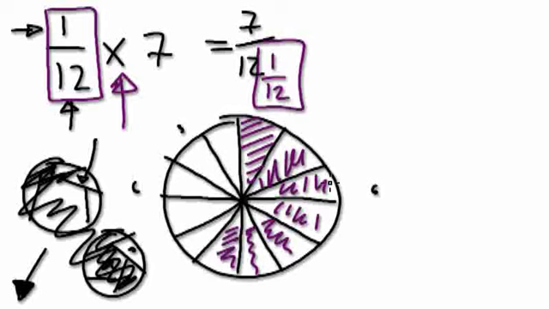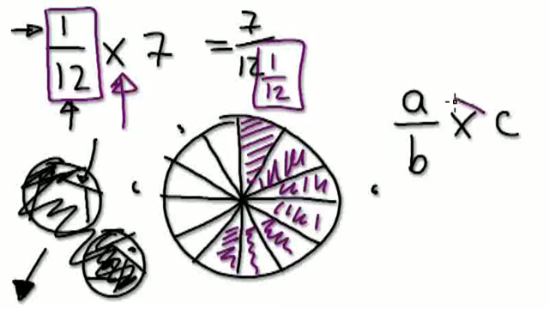That's your answer. If you have a fraction, any a over b, and then you times a different number, let's say c, it normally gets multiplied to the top like this. So the answer is ac over b. When we write ac next to each other, it means they times each other.